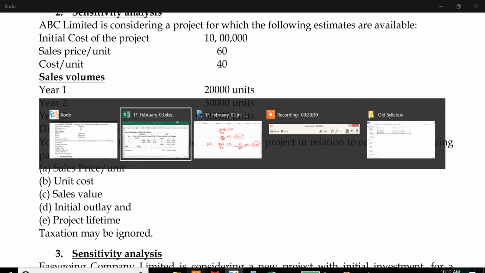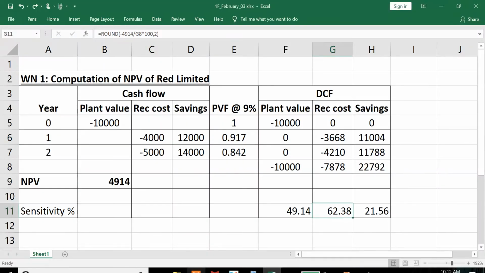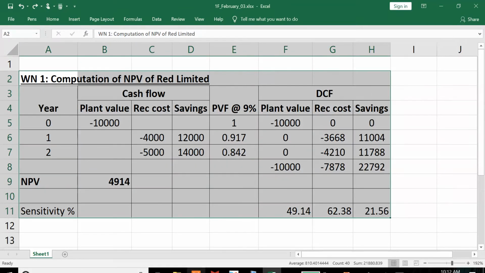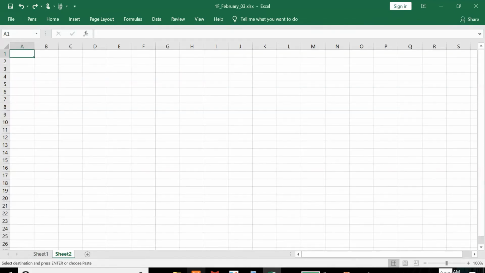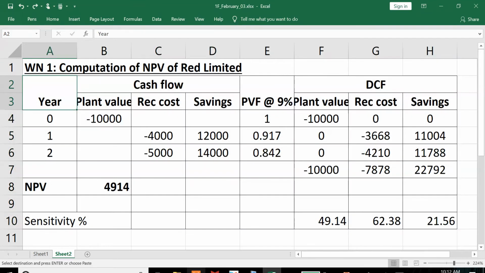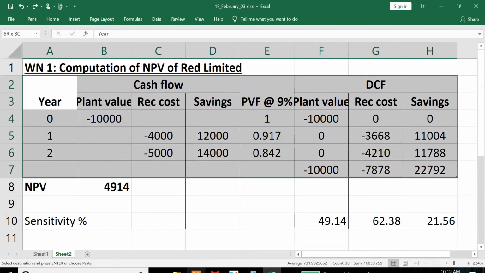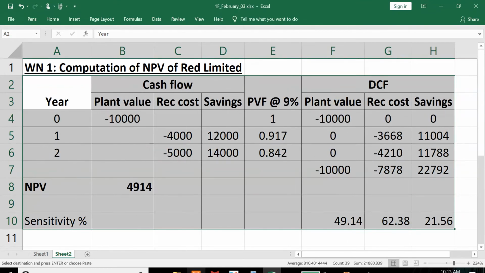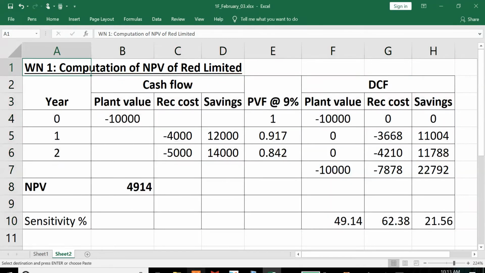Working note 1, computation of NPV of ABC Limited.